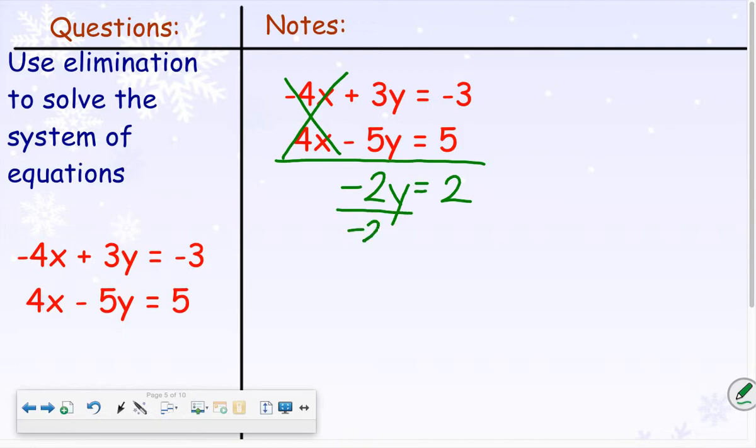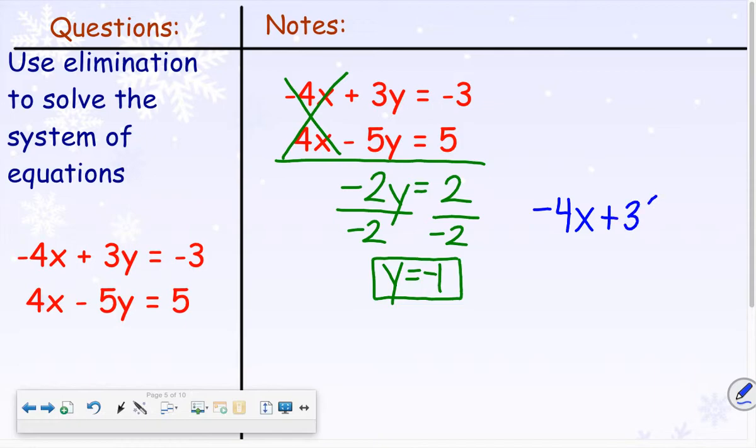So divide both sides by negative 2, and I'm left with y equals negative 1. Then I'm going to take that negative 1 and plug it in either equation. Like I mentioned on the last problem, I like to plug it into the top one. So negative 4x plus 3, and then I'm replacing y with negative 1 equals negative 3. 3 times negative 1 is negative 3.